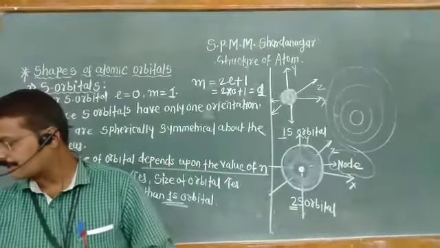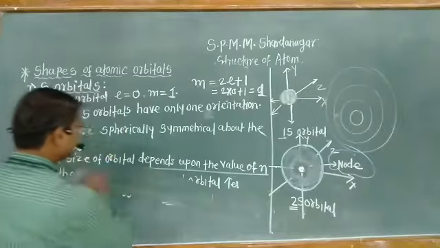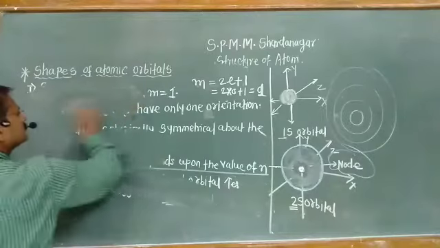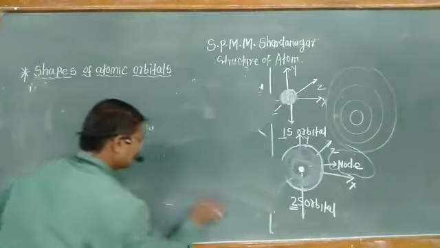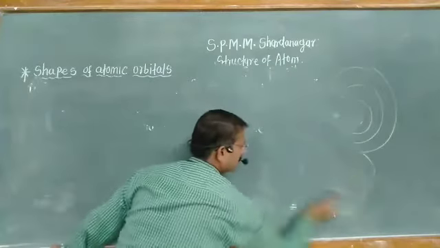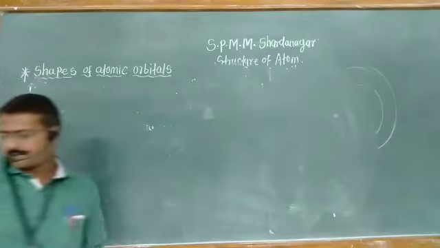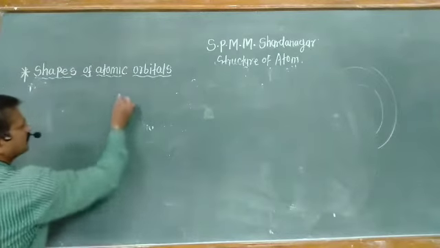We proceed to the next orbital, that is the p orbital.